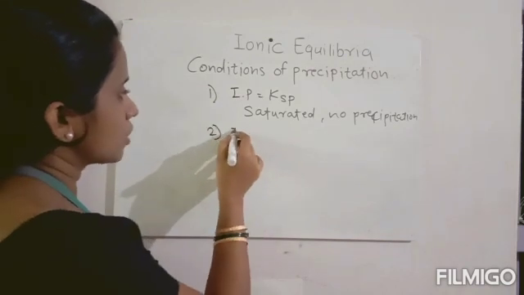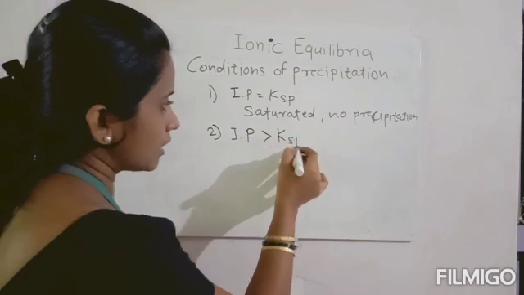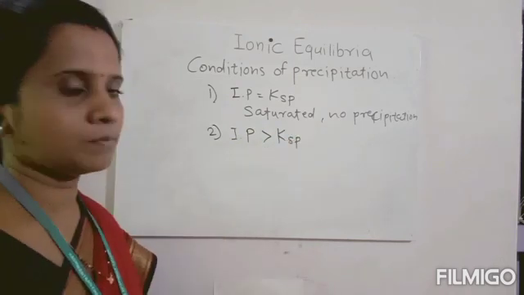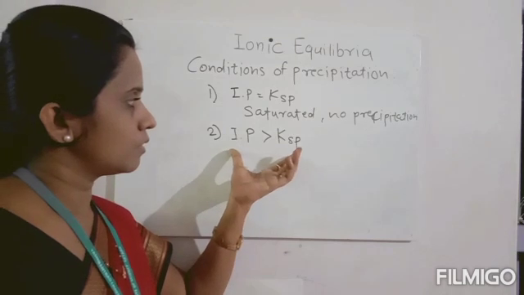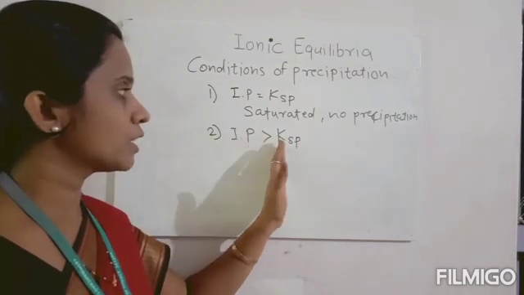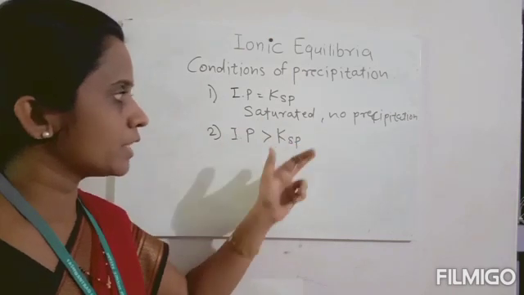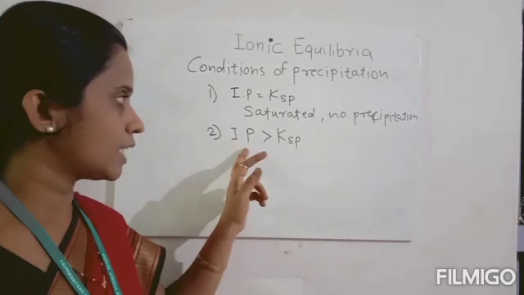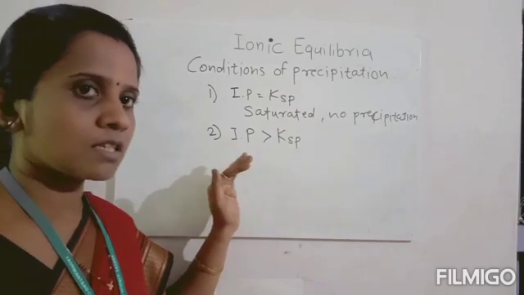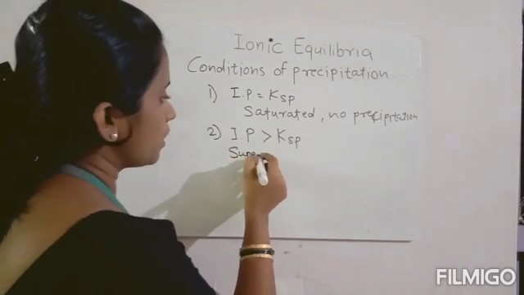Consider second condition. If ionic product is greater than solubility product, you have to think about this. If ionic product is greater than solubility product, that means what? This solubility is less than this ionic product. That means the solution at this stage is supersaturated.